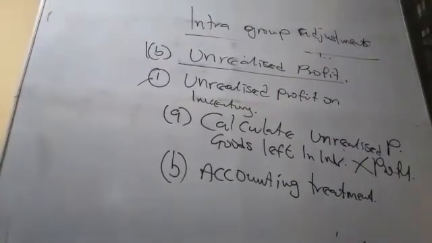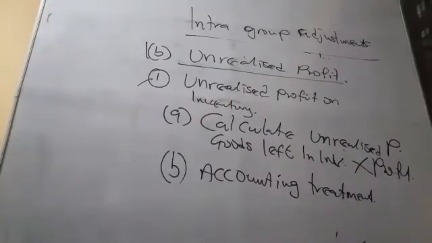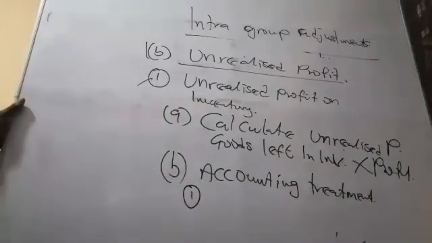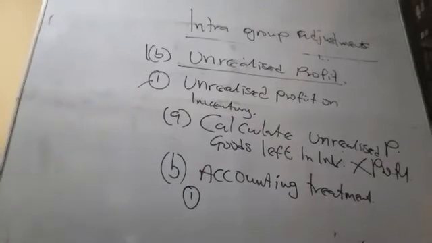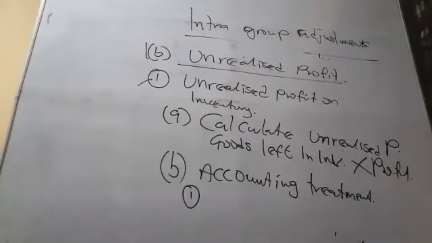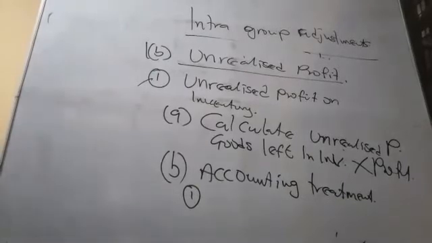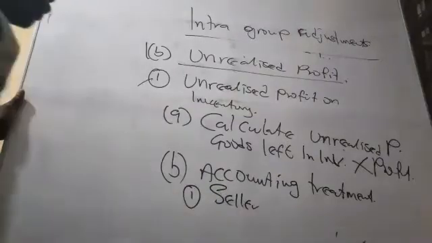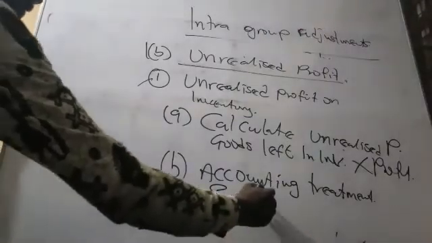Is it the parent or the subsidiary? Treatment number 1: subtract it from the seller's profit. That's treatment number 1. Subtract from where? The seller's profit, so the one who made the sale.